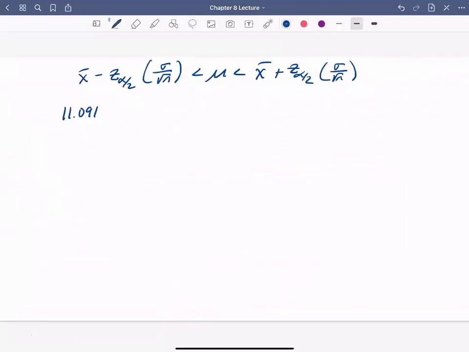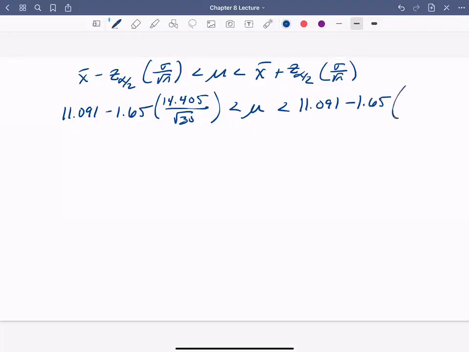So 11.091 minus 1.65 times 14.405. And notice too how it gives you the standard deviation to 3 decimal places. Divided by the square root of 30, less than mu, less than 11.091 plus 1.65 times 14.405 divided by the square root of 30.